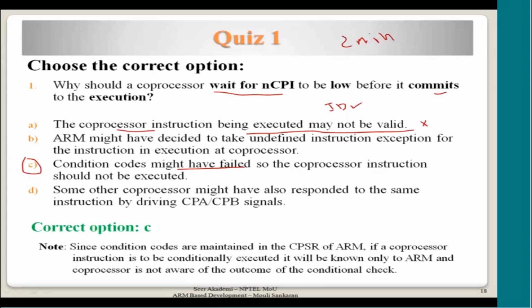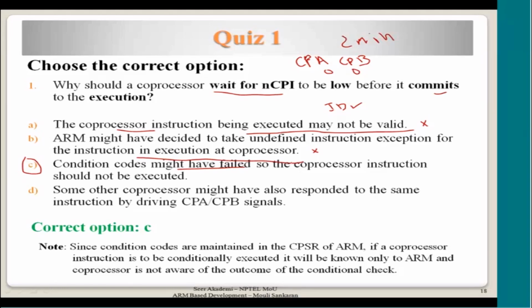Then is this correct? ARM might have decided to take an undefined instruction exception for the instruction execution at the coprocessor. This is also not true. Why? Once a coprocessor has taken up the instruction, it will drive CPA and CPB, it is executing it ahead, but it would have made both of these 0.